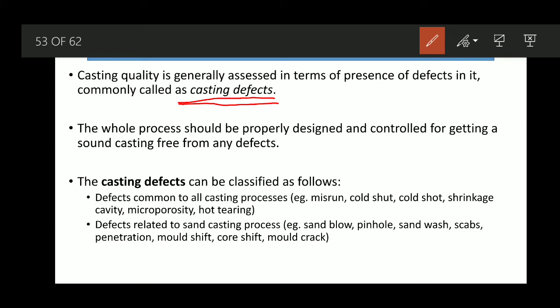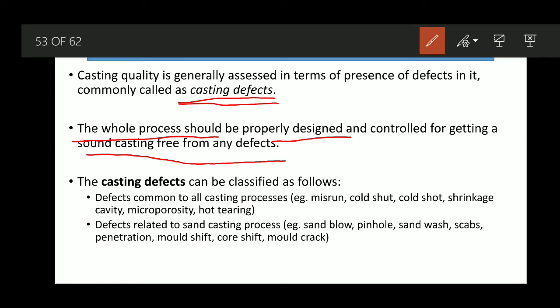For getting a part which is defect free, that means a perfect part, the whole process right from the very beginning, right from the melting of the metal itself, needs proper care. The whole process should be designed properly and controlled properly, so that we can obtain a sound casting which is free from any kind of defect.